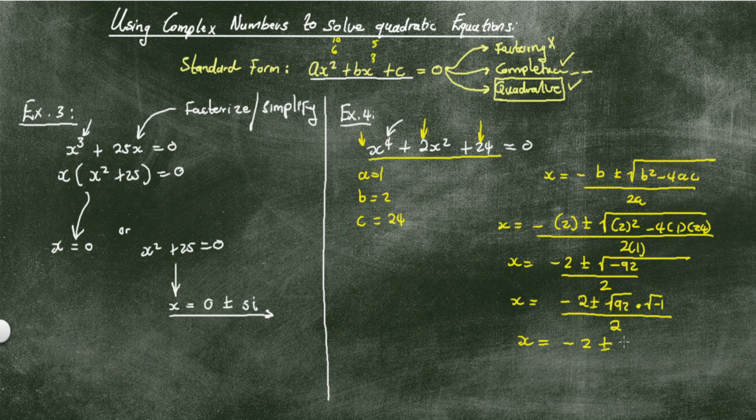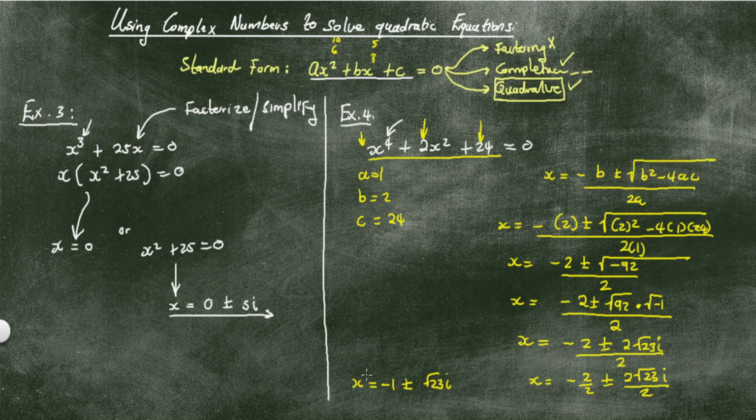This simplifies to 2 square root 23 i over 2. Then x is equal to minus 2 over 2 plus or minus 2 square root 23 i over 2. Then we get minus 1 plus or minus square root 23 i.